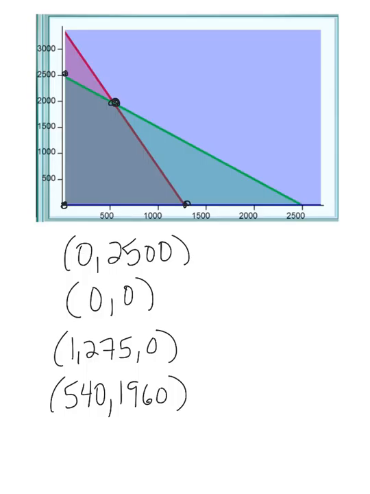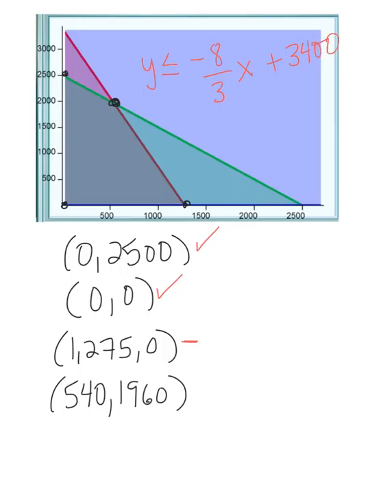So I think these first two you can see straight from the graph. How did we know that this happened at 1,275, 0? Well, we can see that it's the x-intercept of that red line right there. And that inequality that we see is y is less than or equal to negative 8/3 x plus 3,400.